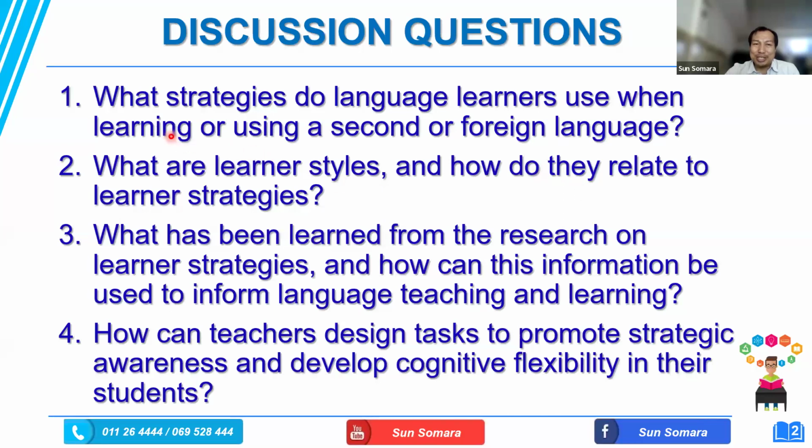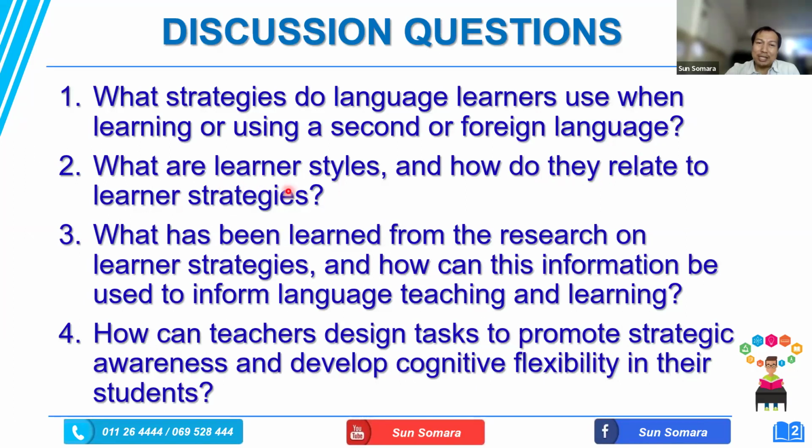You can ask yourself what strategy do language learners use when learning or using a second or foreign language. Based on your own observation, because the more you teach, the more you learn and know your students clearly, answer those things.